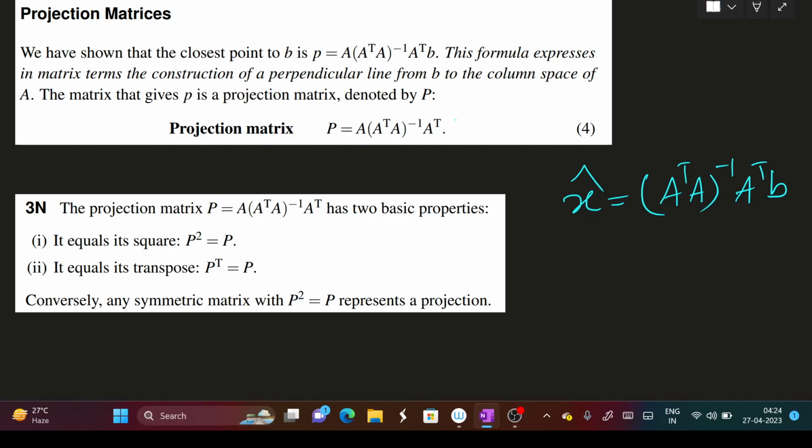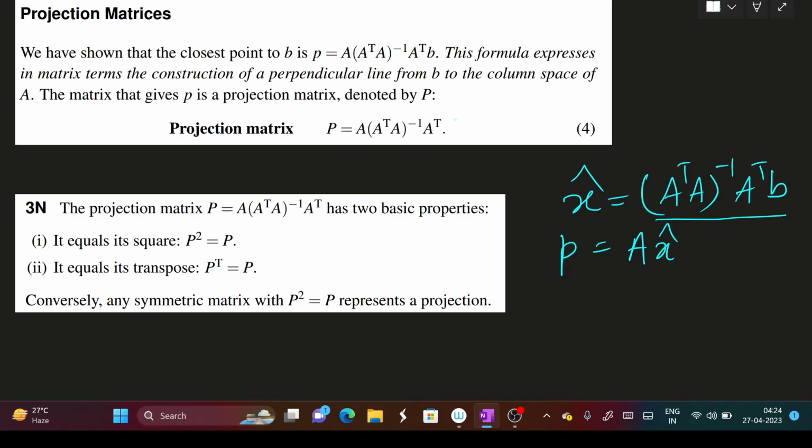Suppose in the exam it is asked, or suppose somebody is asking me, find the projection of B onto the column space of A. Then simply that projection I will write P is equal to A x cap. So here in place of x cap I write this much. Suppose I am interested to get the projection matrix, or any property of a projection matrix is to be used.